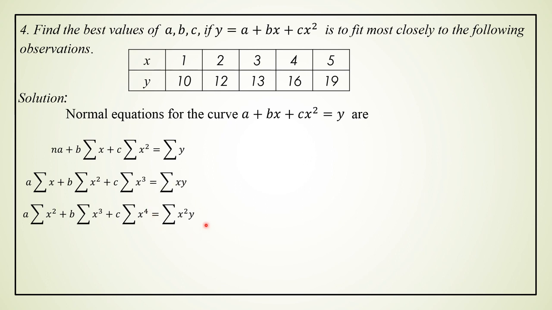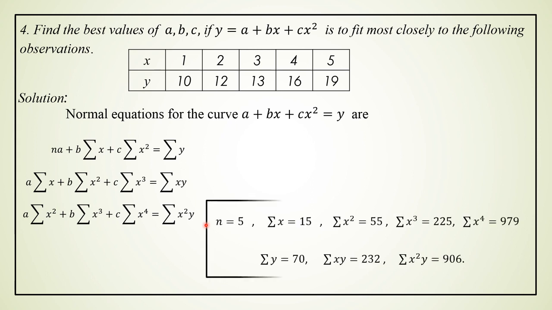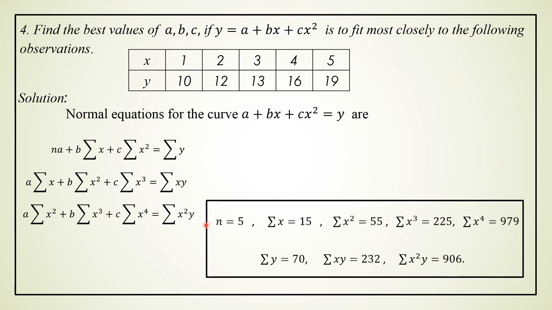Now let us find the values of all these summations using calculators. The value of n over here is 5 because they have given you only 5 observations. Summation of x, the sum of the values of x over here, is 15. Summation of x square, the sum of the squares of the values of x, is 55.